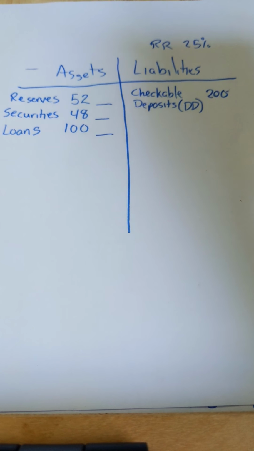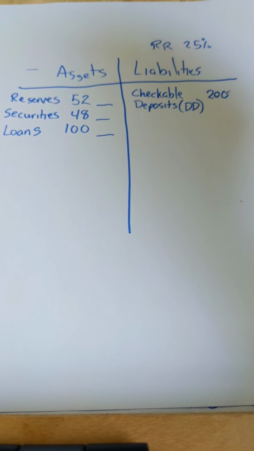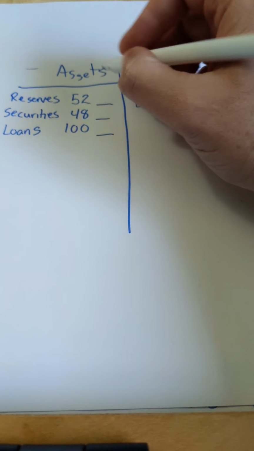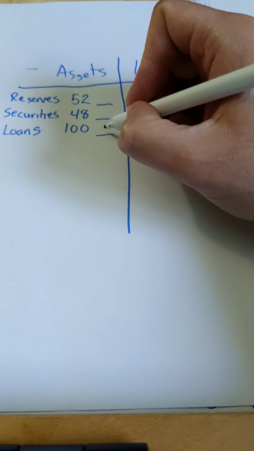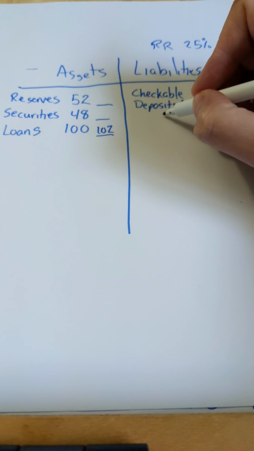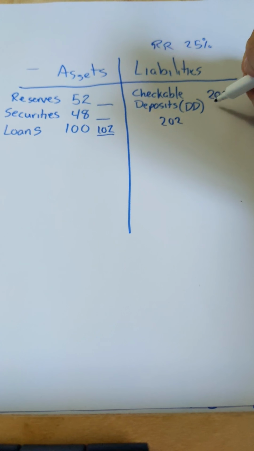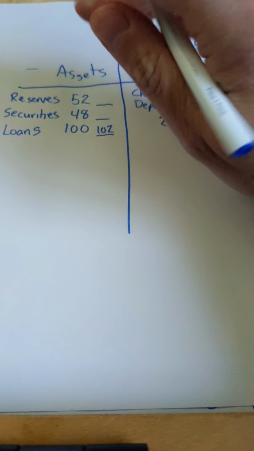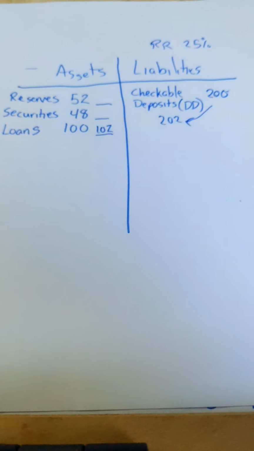So when they do that, they will issue $2 in loans, and there'll be a plus 2 over here. So this will go to 102, and this will actually go to 202 temporarily, and this will be 48, and this will still be 52 for now.